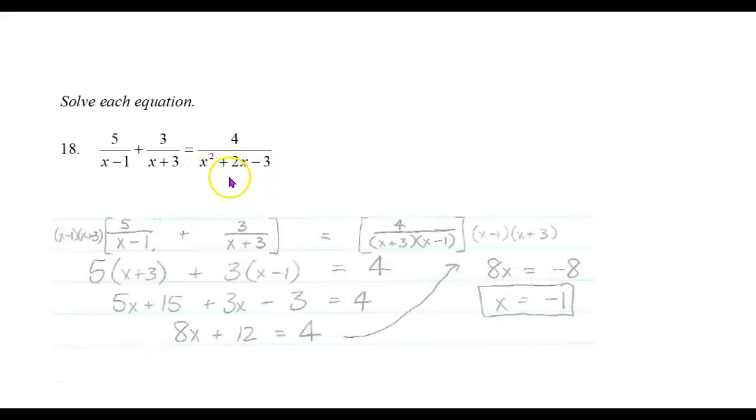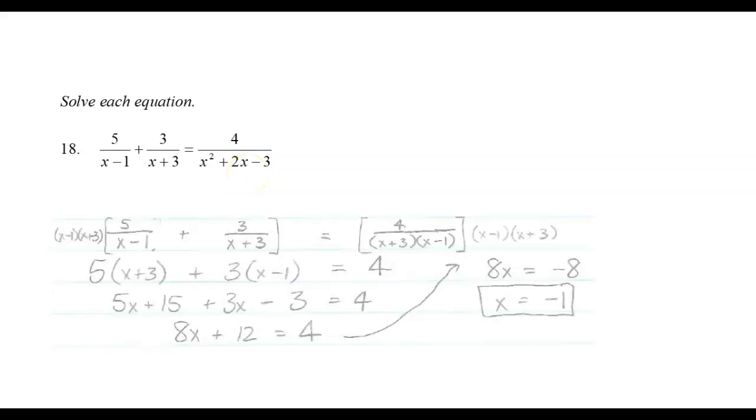So in this case, the x squared plus 2x minus 3 can be factored into x plus 3 times x minus 1. So one of these fractions has a denominator of x minus 1, one of them has a denominator of x plus 3, and one of them has both of those factors multiplied together.